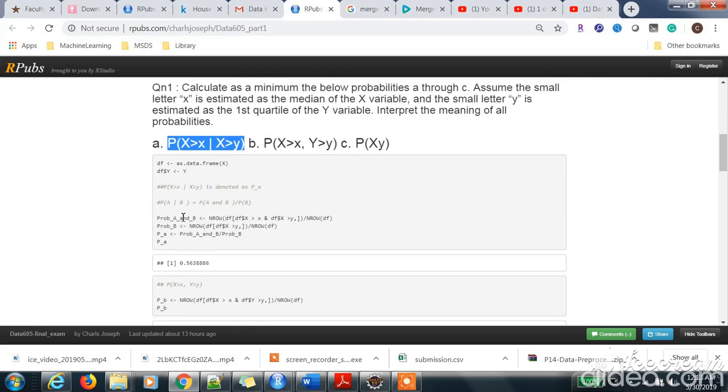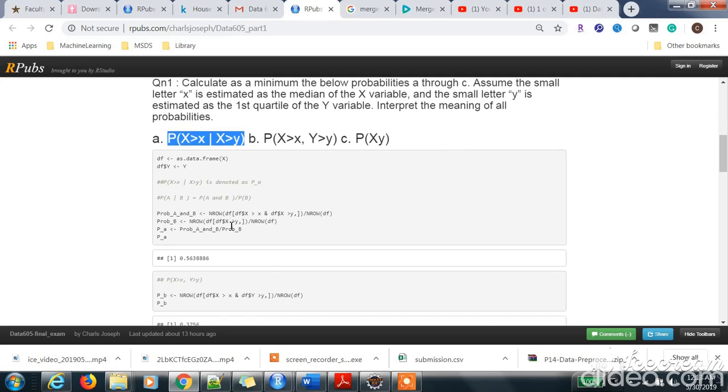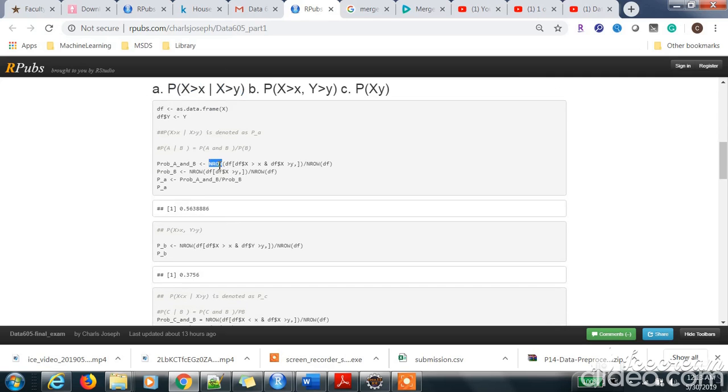So we can find the probability using the formula for conditional probability: probability of A and B divided by the probability of B. So we can easily find the statistics from the given data using this formula, and then you can find this probability, and it came up 0.56.